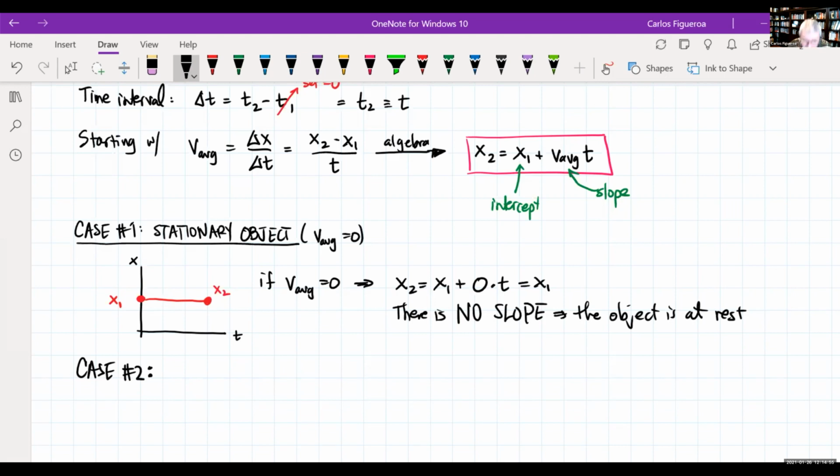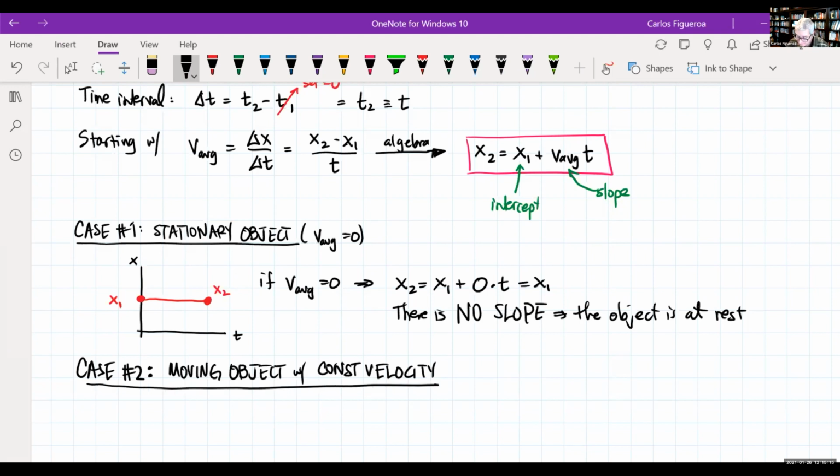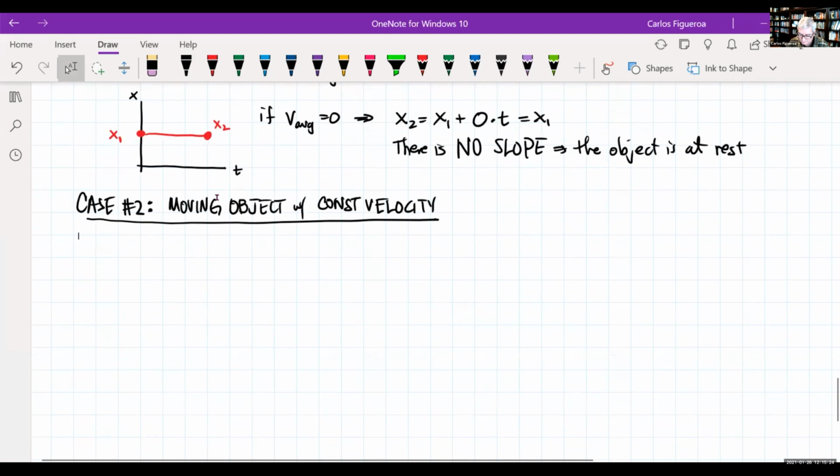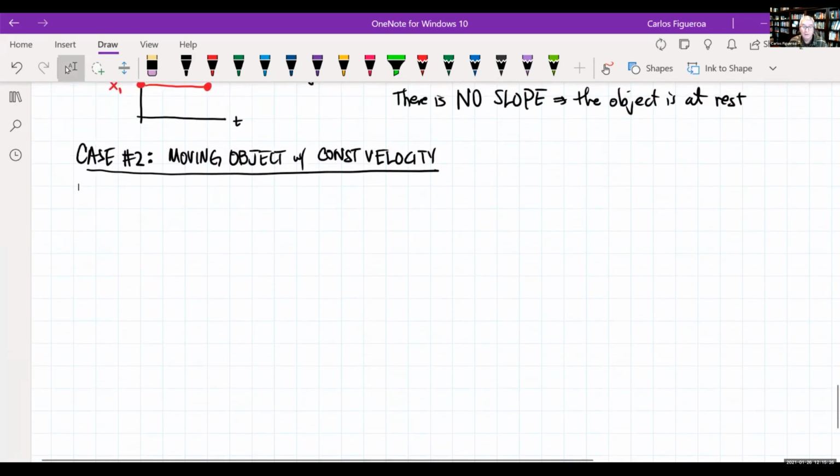So now we're going to have a moving object with constant velocity. So let's look at that guy. What do we know about the key things here?